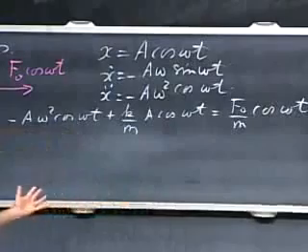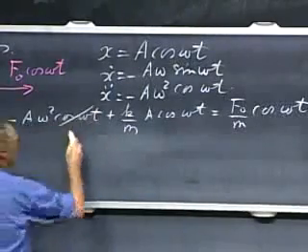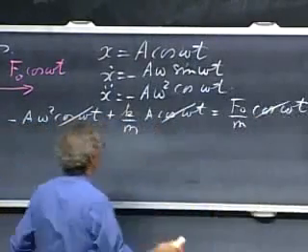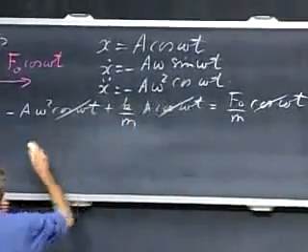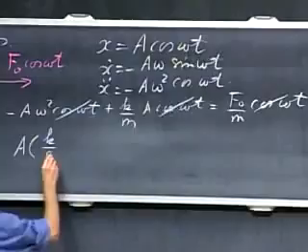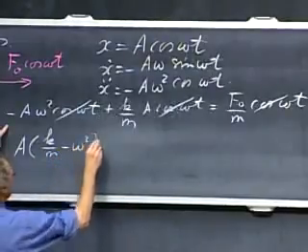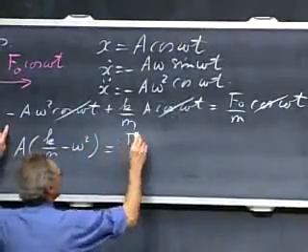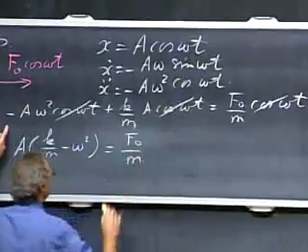And that must always hold. So therefore, I can divide out my cosine omega t. I can bring the A's together. So I get A times k over m minus omega squared equals F0 divided by m.